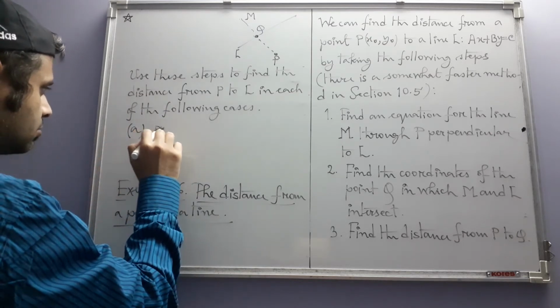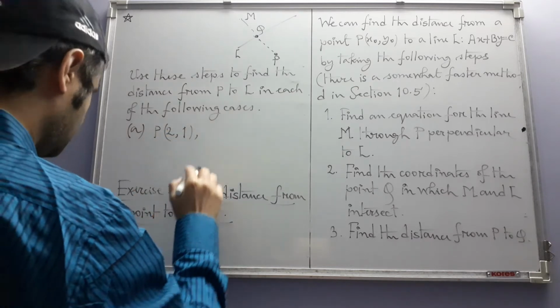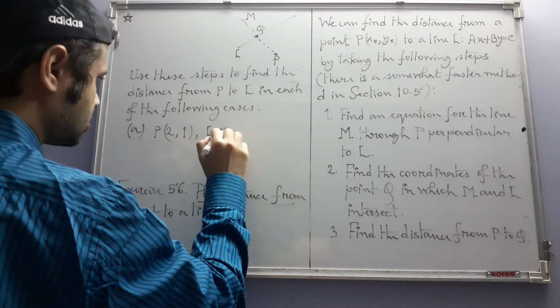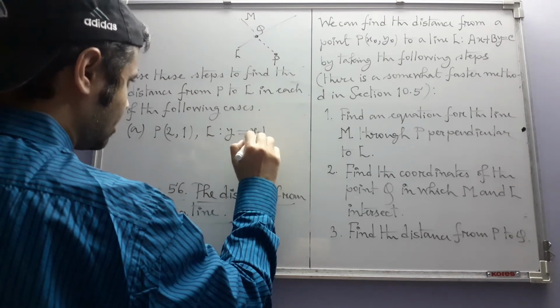Part A, P is this point and L is this line, y is equal to x plus 2, having this equation.